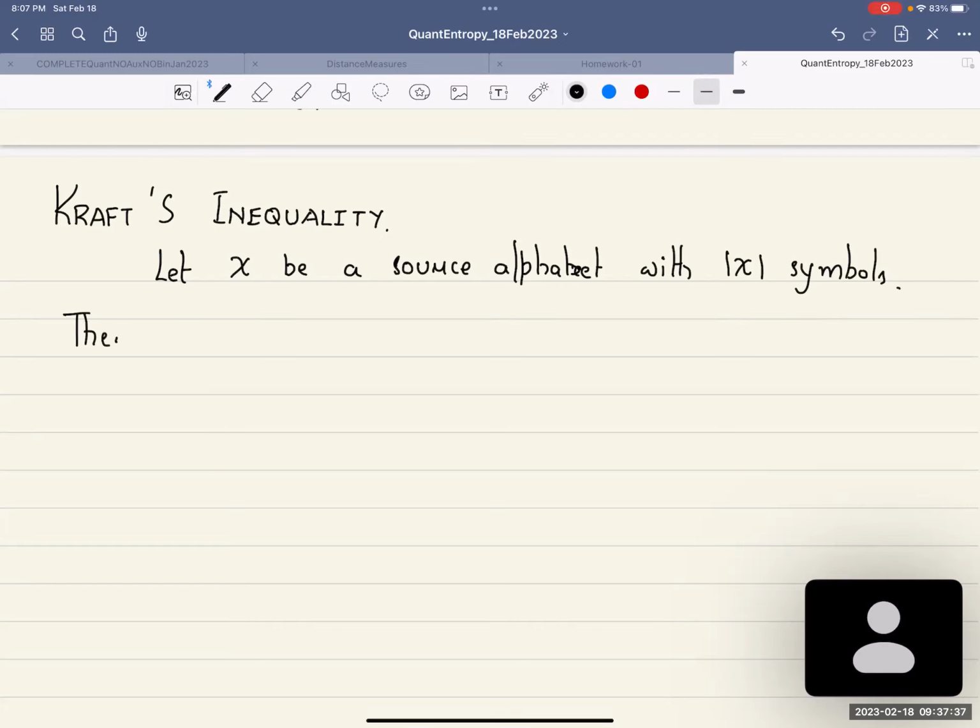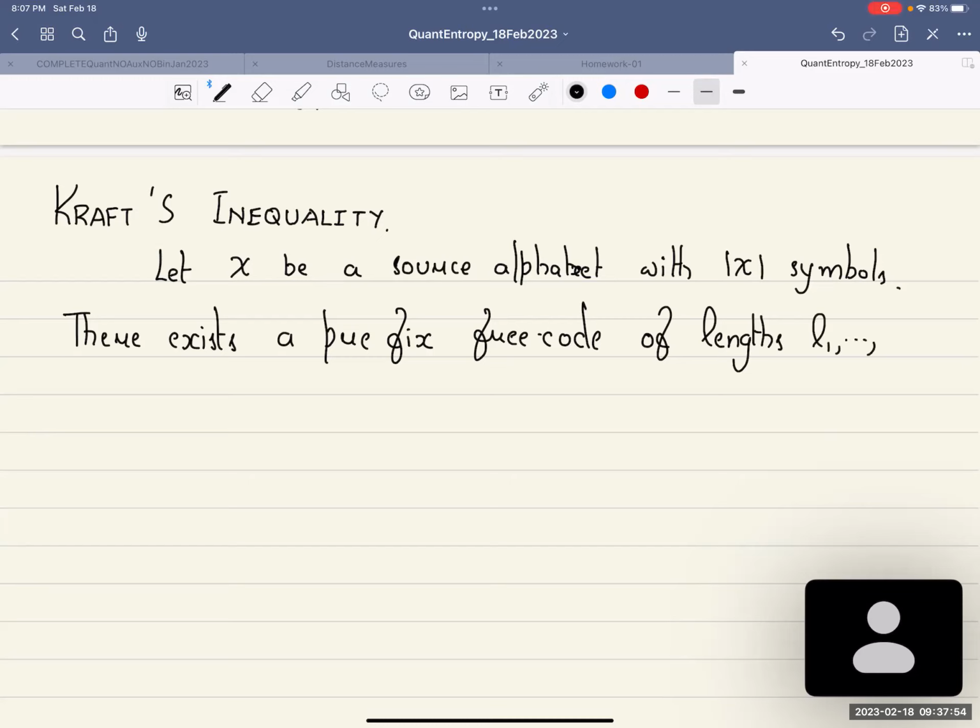There exists a prefix free code of lengths L_1 to L_cardinality of X if and only if the summation over x belonging to X of 2 to the power minus L_x is less than or equal to 1. Make sense?